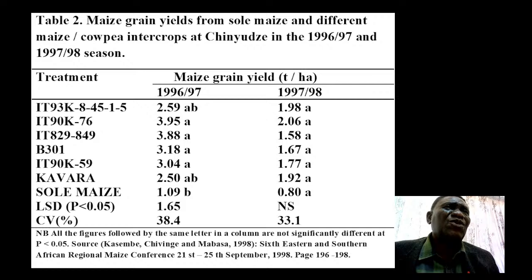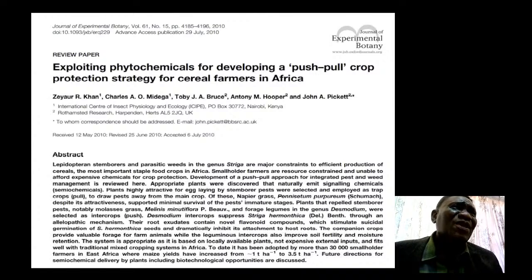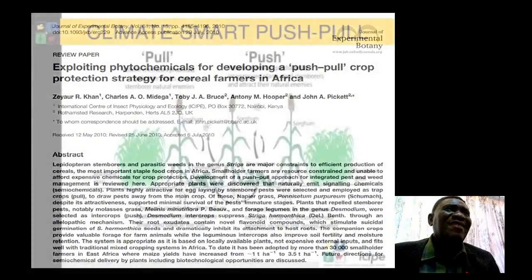So here we've got sole maize. If you compare sole maize with intercropping, you find that there's less yield in sole maize. And this is because of the effects of intercropping on the parasite. So you can explore this in this paper if you want.